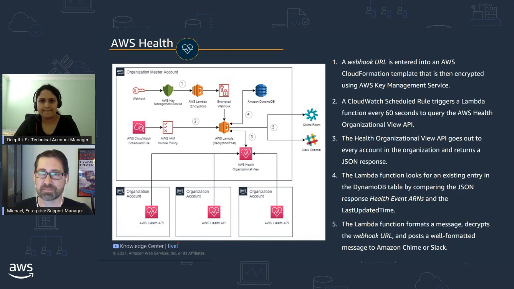Now talking about the prerequisites, you need to have at least one endpoint configured in the form of either a webhook URL or an email or Amazon EventBridge. And those webhook URLs can be a combination of Slack, Microsoft Teams, Amazon Chime, or just one of them.